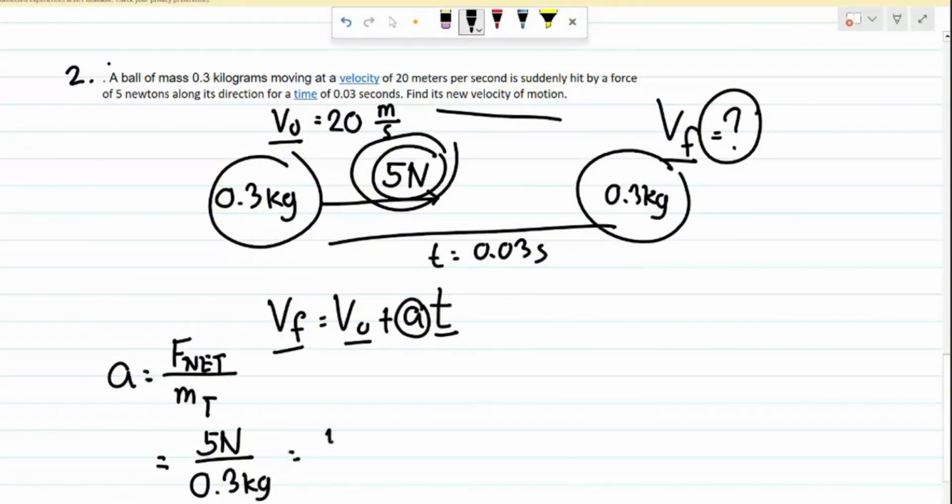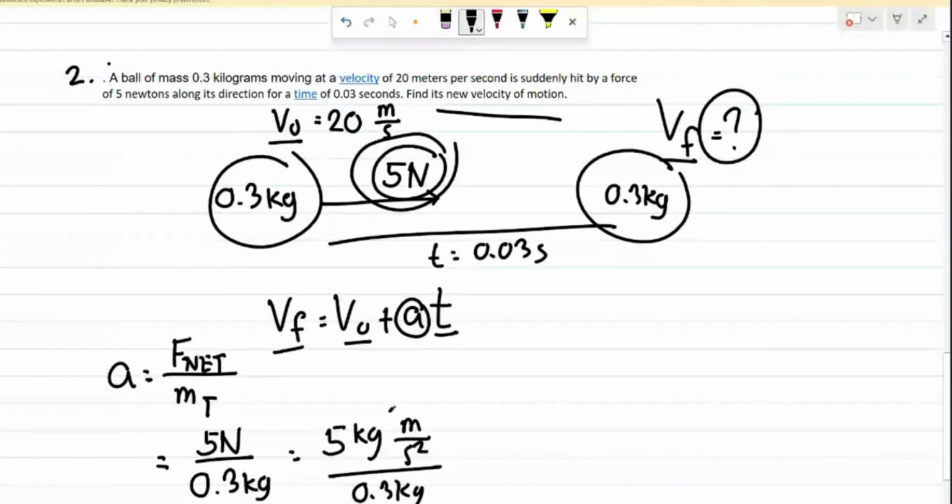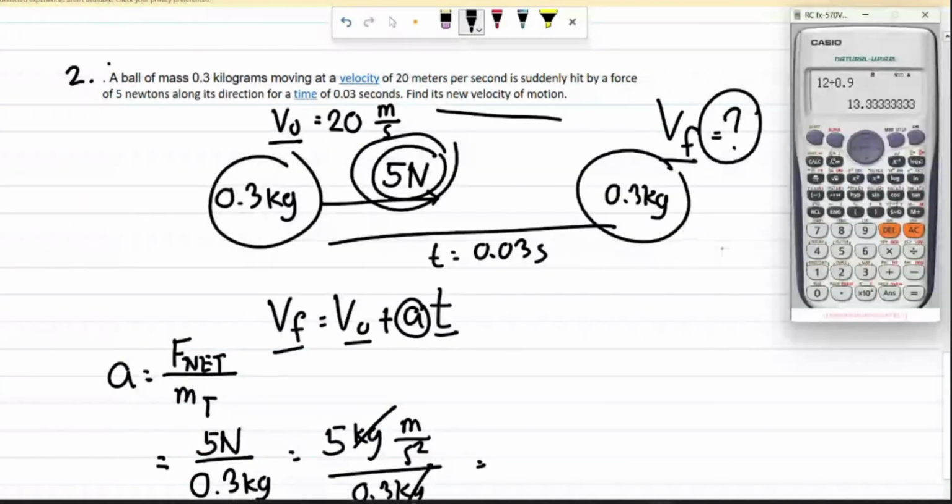So the same thing goes, 5, this is also equivalent to kilogram meter per second squared over 0.3 kilograms. Okay, cancel po ulit tayo. So we have here 5 over 0.3. So we have here an acceleration of what? So we have here 16.67.